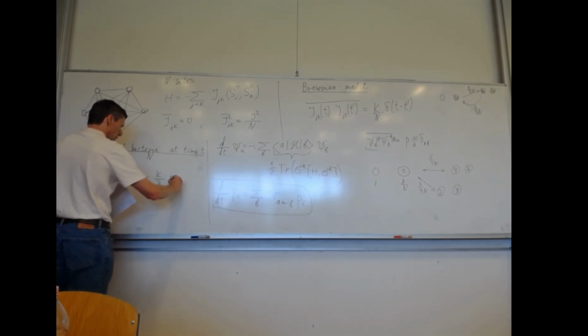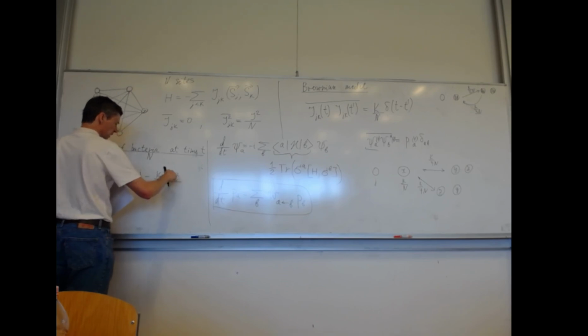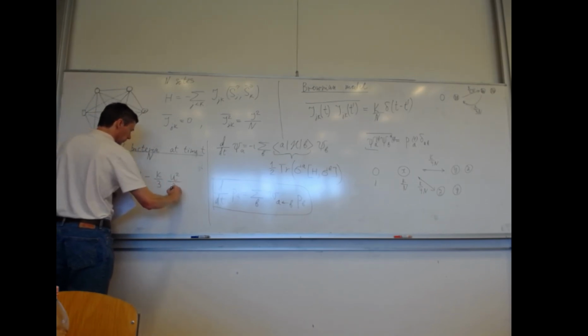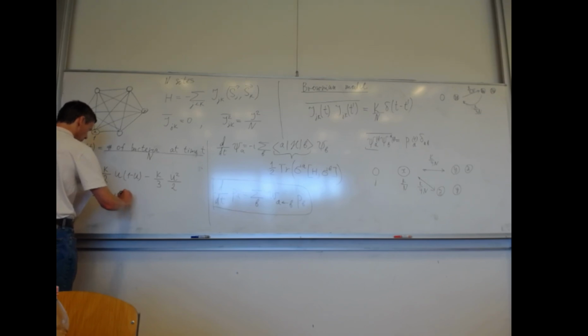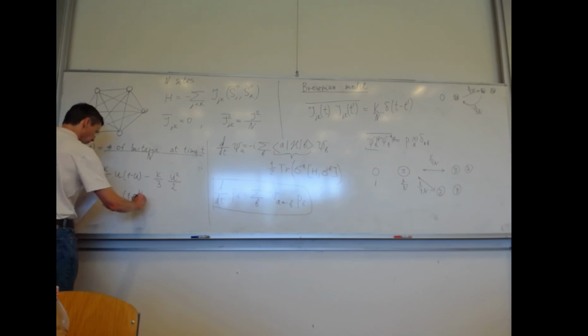And the fraction of such sites in the big graph is u squared over 2. And I can write it like this: K over 2 times u times 1 minus 4/3 times u.